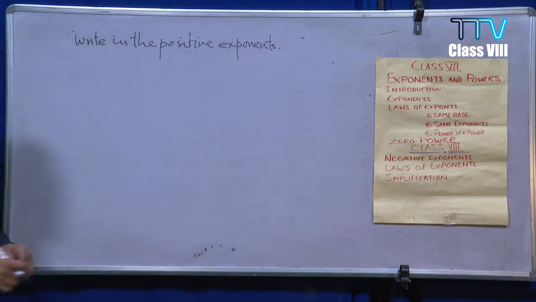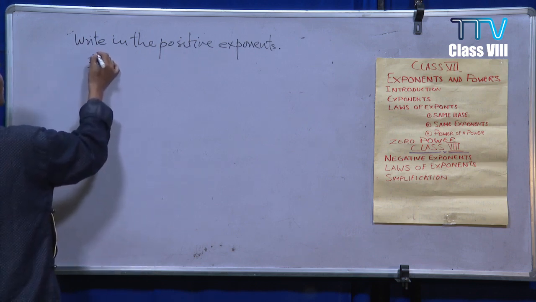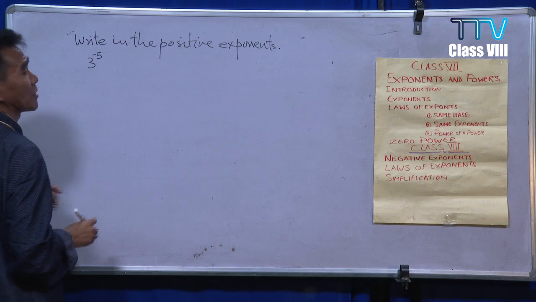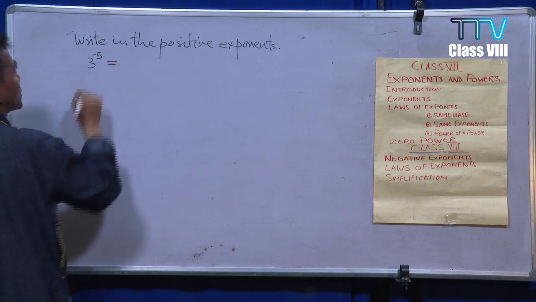All right, in positive exponents: 3 power 3 is power negative 3, and 5 and 3 is power 5.